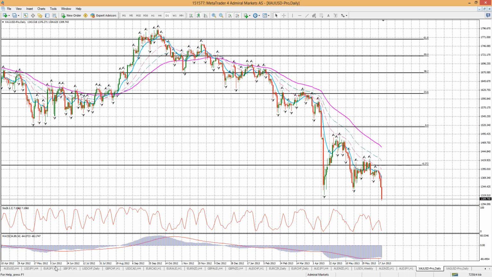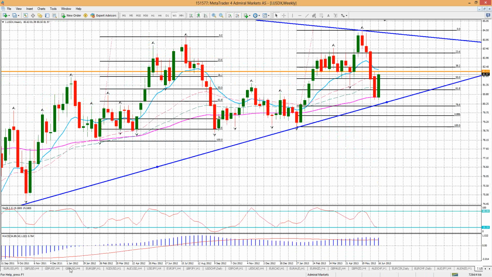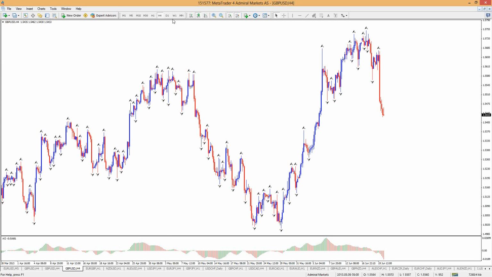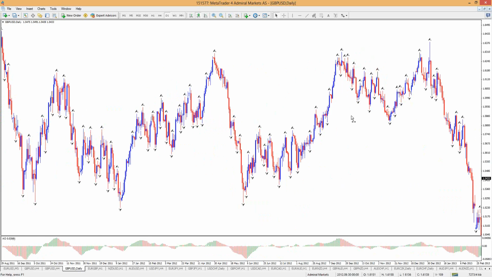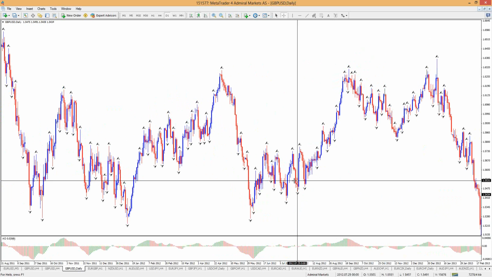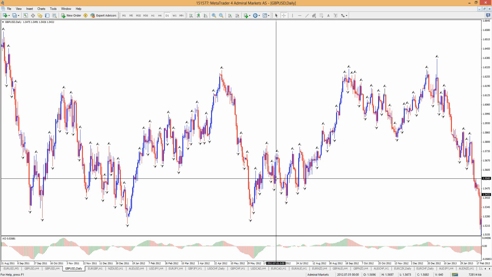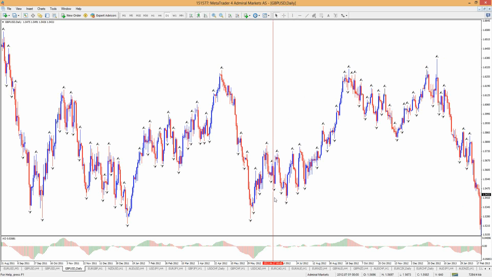Let me show you the pound dollar last year. So this was July, but let me put lines there. This is 20th of June last year. I see August moved actually a lot.